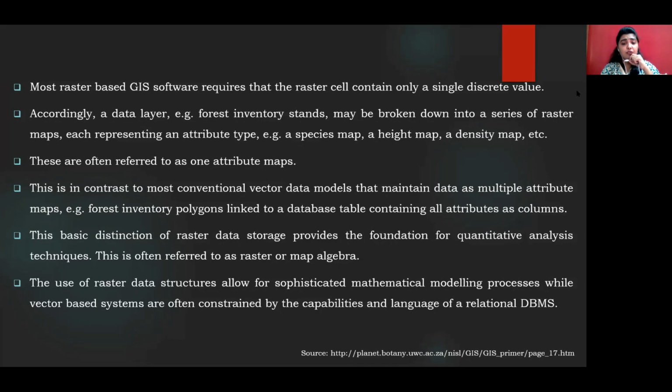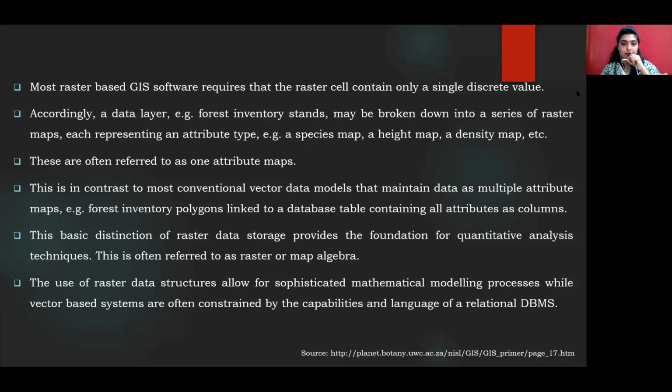This is in contrast to most conventional vector data models that maintain data as multiple attribute maps. For example, if I'm digitizing a forested area, I can digitize it and write down the attribute table.